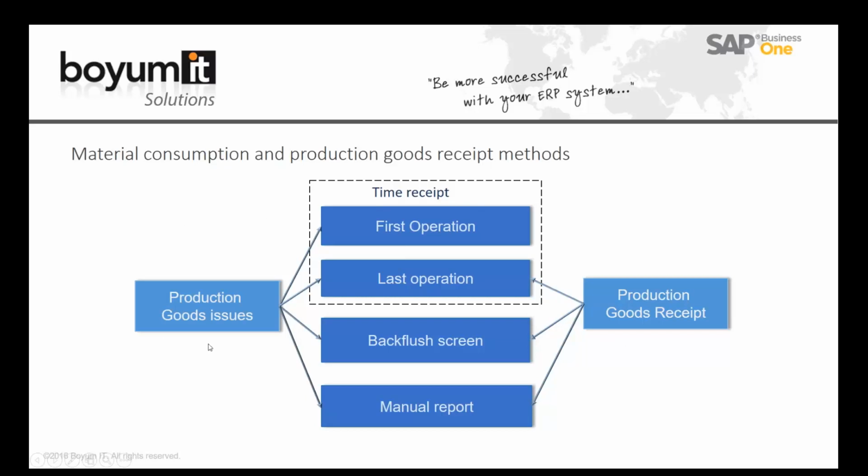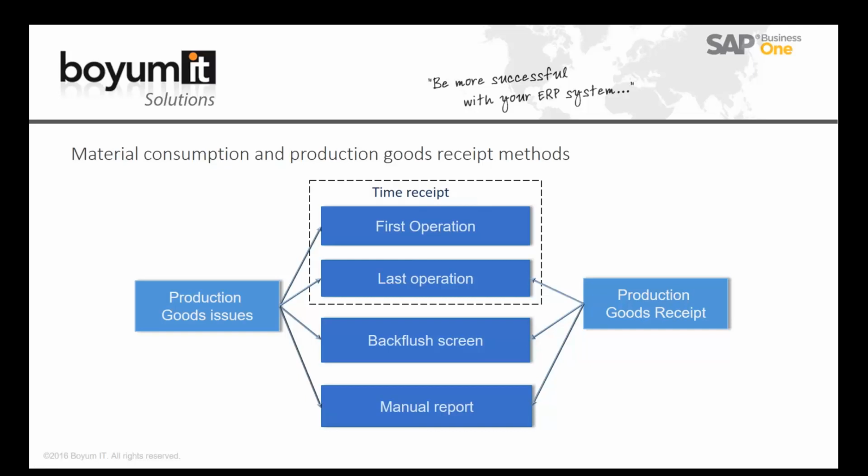It is possible that we report the production goods issues at the moment we report the time receipt. That could be in a first operation, last operation, or also in a specific operation. This means at the moment that we report the time receipt, we are also going to report the production goods issues.